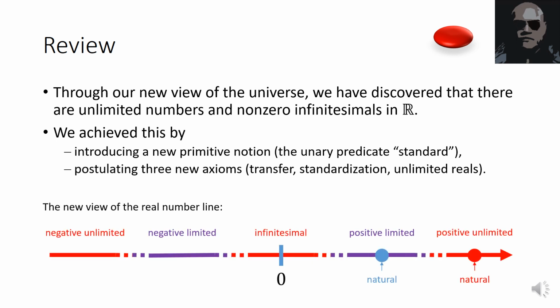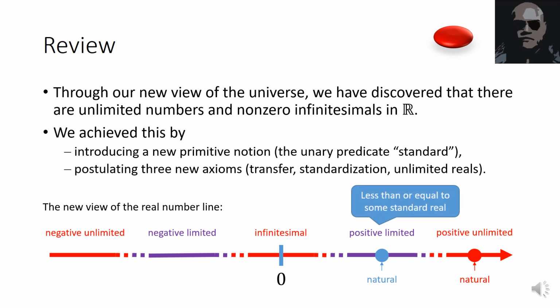This has also given us a new view of the real number line, which, if we combine different scalings, now looks like this. The standard numbers are shown here in blue, the non-standard numbers in red. The purple sections include both standard and non-standard numbers. The positive, unlimited numbers on the far right are those that are greater than all standard reals.